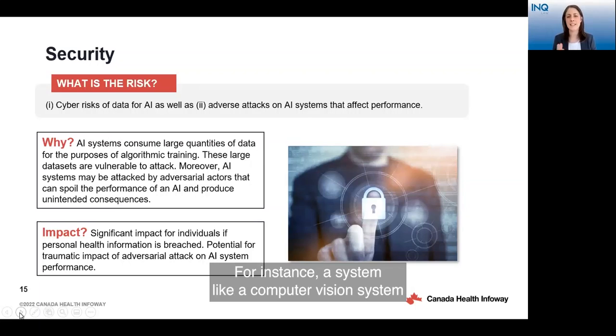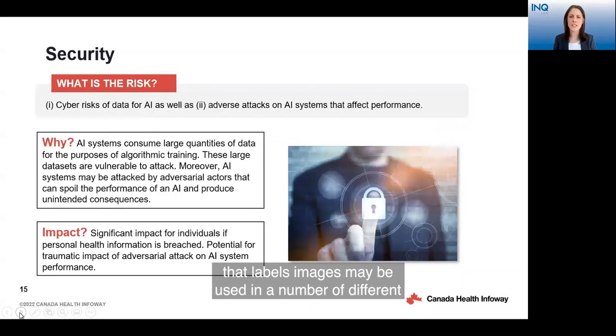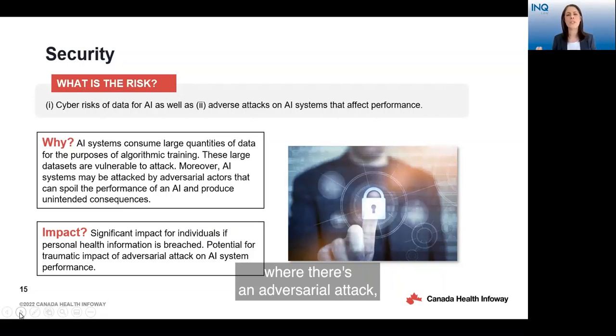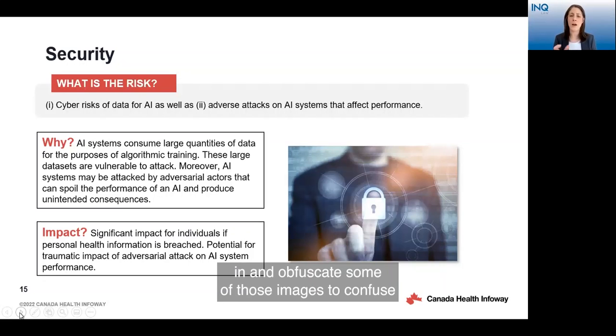For instance, a system like a computer vision system that labels images may be used in a number of different healthcare contexts, including in the interpretation or analysis of ultrasound or X-ray or CT scan images, any diagnostic image. Where there's an adversarial attack, the attacker may intentionally go in and obfuscate some of those images to confuse the system, thereby impacting accuracy of the output, reliability of the output.